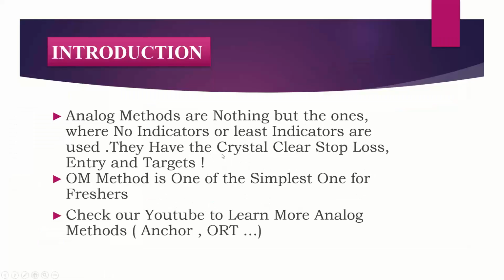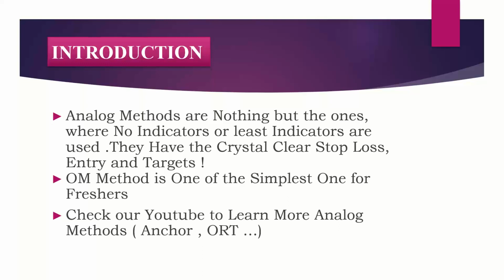So what are analog methods? Analog methods are simple methods where indicators are not used, or we use the fewest indicators. The greatest advantage is that we know the entry, the SL and the target very well in advance.